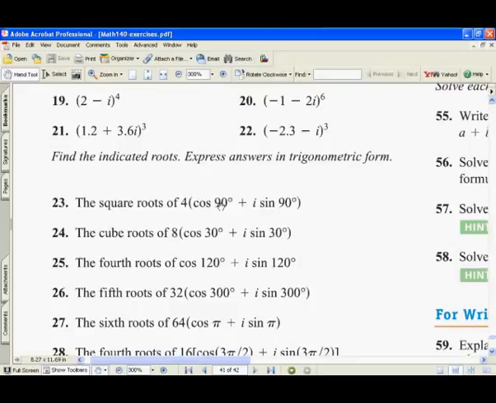So we need to find the cube roots of 8 times cosine of 30 degrees plus i times sine 30 degrees. So z is equal to 8 times cosine 30 degrees plus i times sine 30 degrees. Now z is equal to w cubed. So the index n here is equal to 3. We need to find w, right?